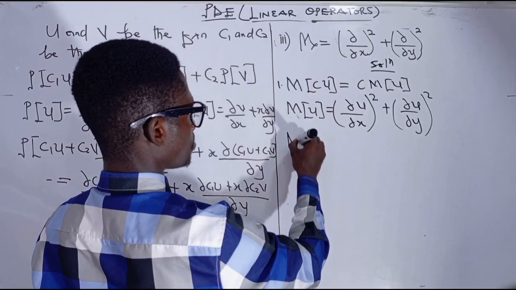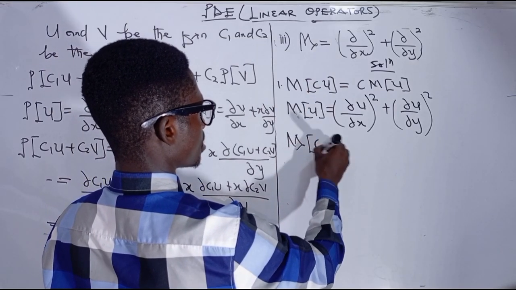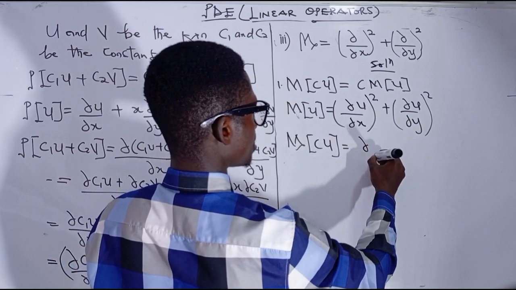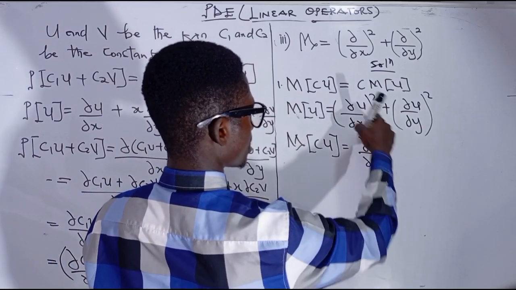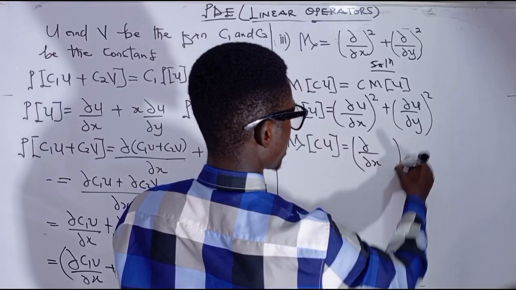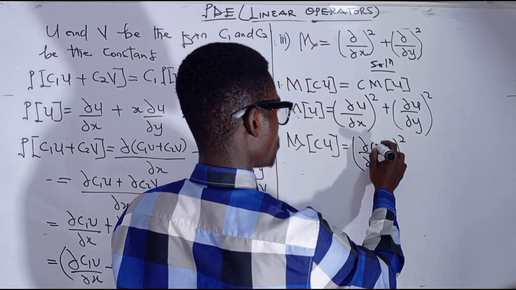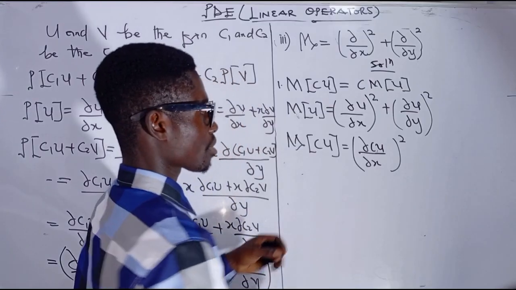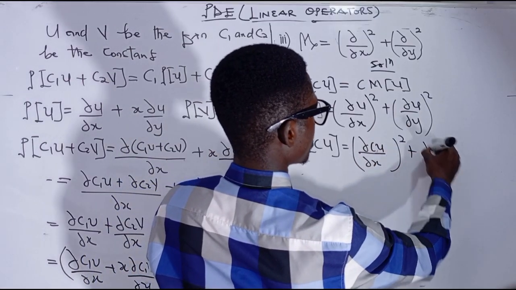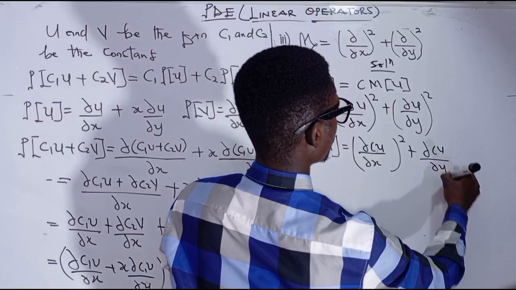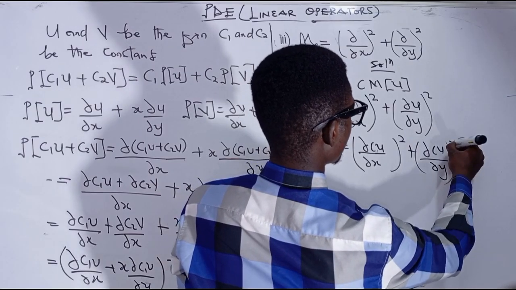So we have M of CU. Our M is del x, and all of this squared. So we attach CU to the operator. Then we have plus del CU all over del y, and all of this is squared.